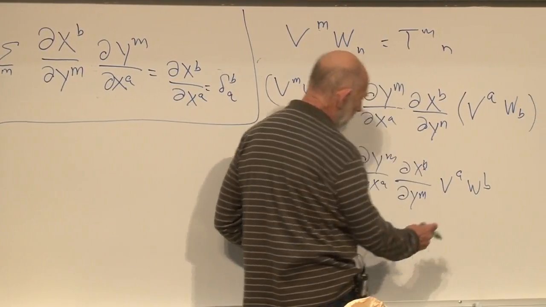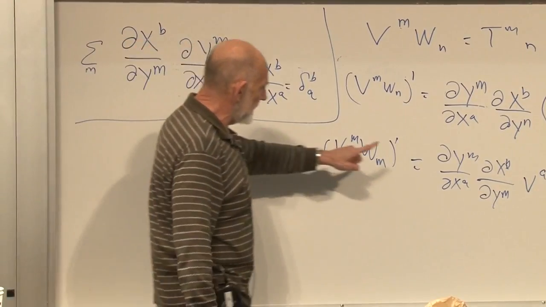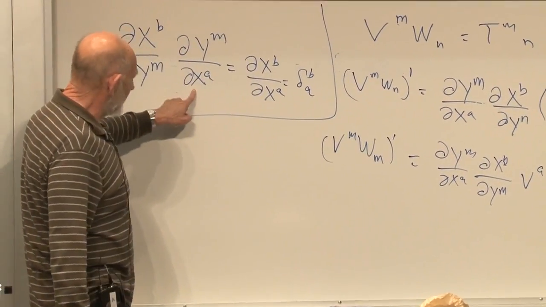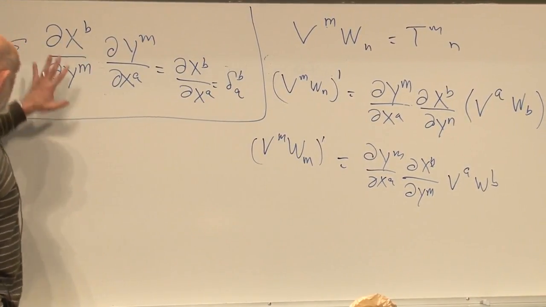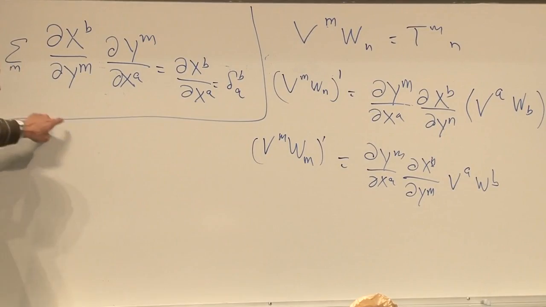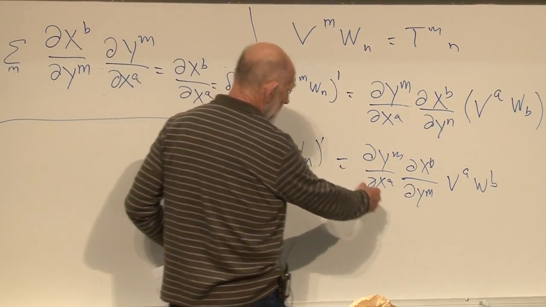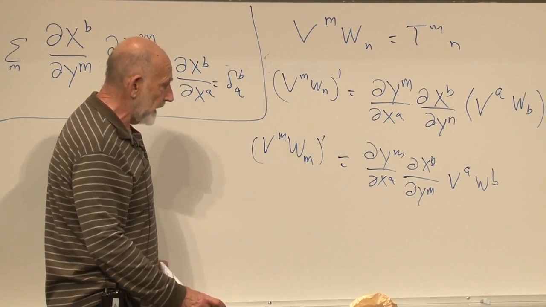I've written them down in opposite order. Here is dx^B by dy^M, here's dx^B by dy^M. Here's dy^M by dx^A, here's dy^M by dx^A. And so I have exactly this combination appearing, and that's just delta^B_A. So this monstrosity over here is just delta^B_A.